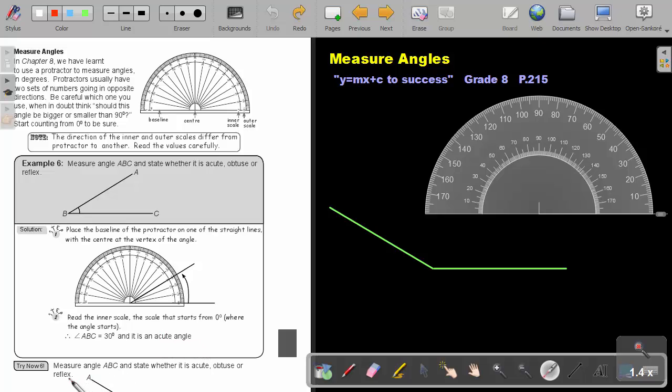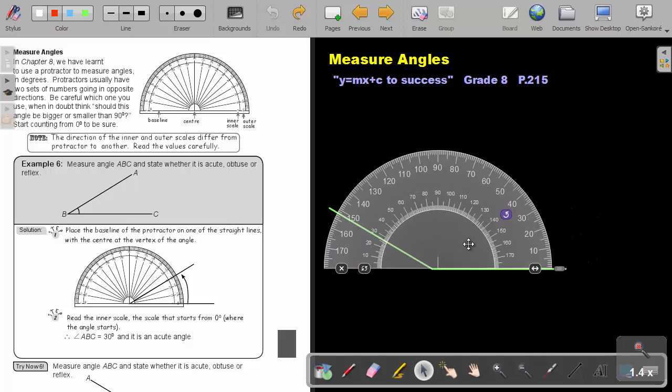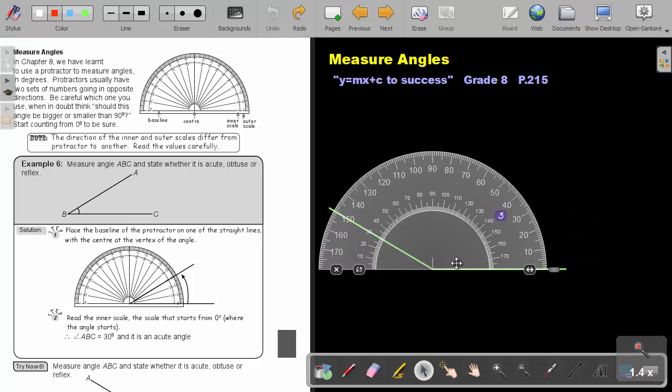Okay, I was just copying number 6 here to show you how with my protractor. Measure angle ABC and state whether it's acute, obtuse or reflex. Take this protractor, put it exactly, so this baseline must be on 0. Now if you look, this inner scale starts from 180.